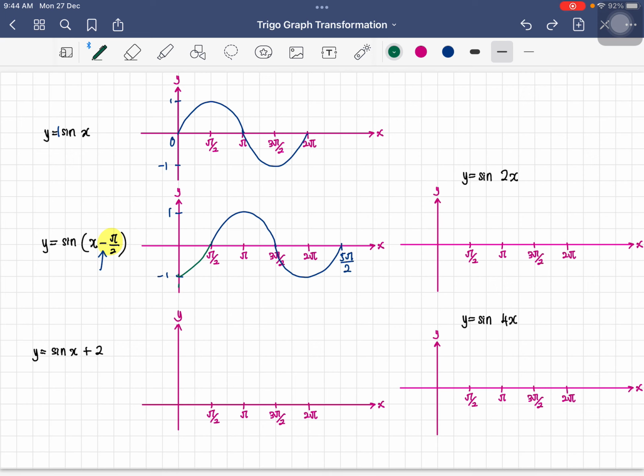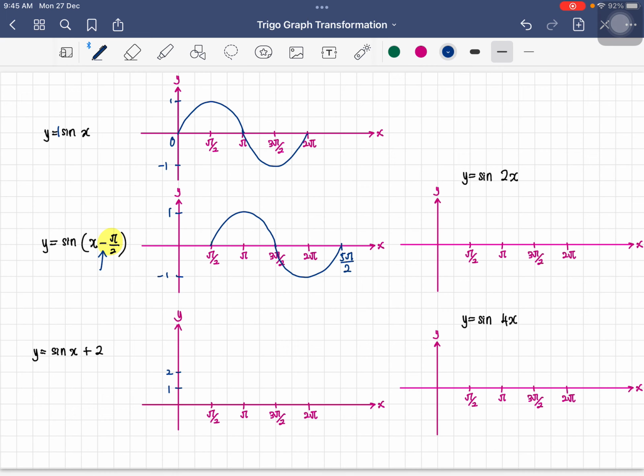Let's now do shifting upwards by 2 units. Suppose this is 1 and this is 2.